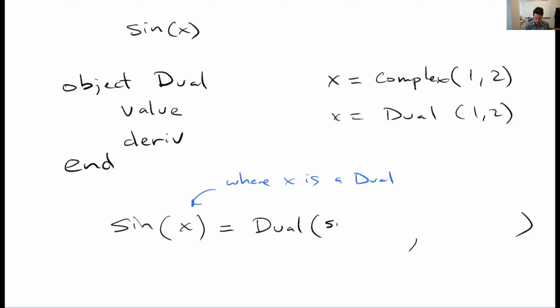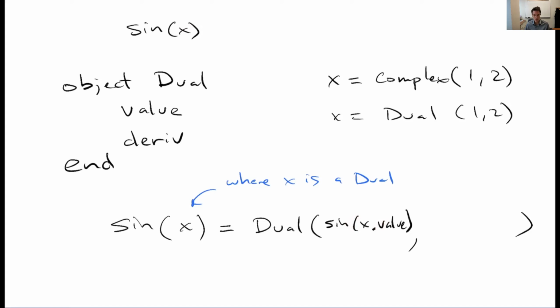So I want the sine of x dot value, because x has both a value and a derivative. I just want the value portion to go forward. So this would operate exactly the same as it always does, because remember, the first part of my dual number is just containing the function value. This part is the derivative.